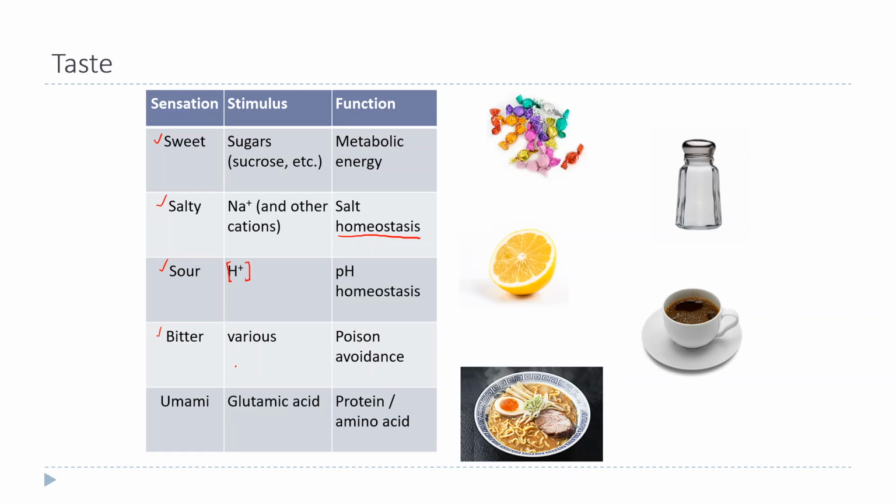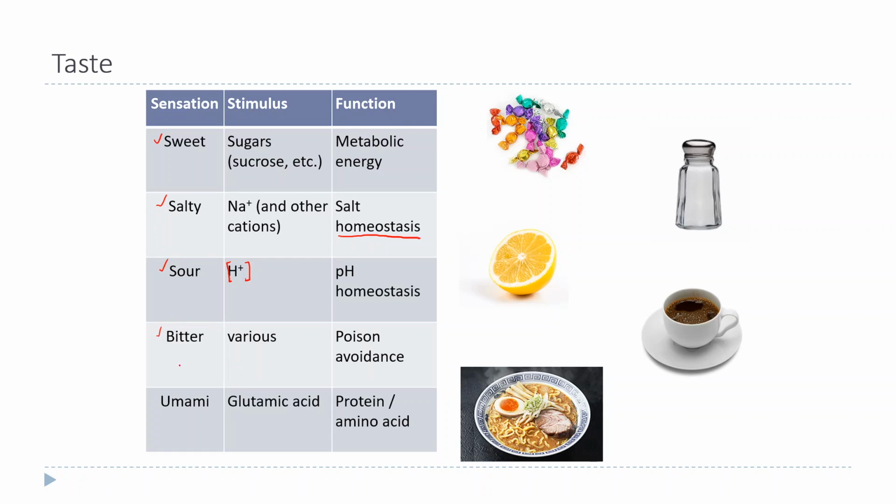And the things that elicit a bitter sensation are usually large, complicated molecules, and they don't necessarily have a lot in common, except that many of the molecules that we perceive as bitter are either themselves toxic or poisonous, or are found in plants or other sources that contain toxins. So probably that sensation evolved to be able to detect and avoid things that have poisonous or toxic substances in them.